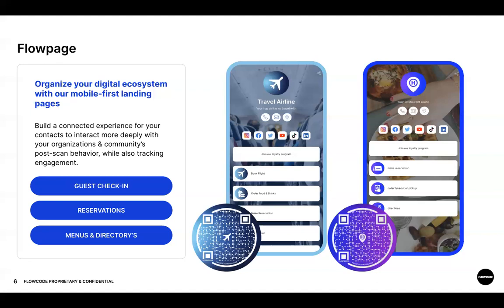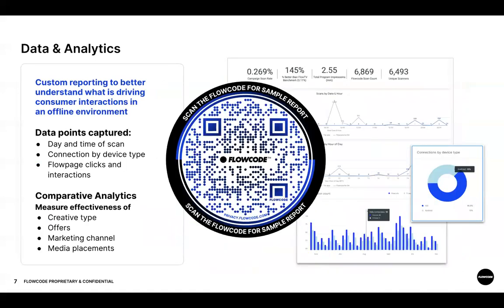really just giving you a better sense of how your audience is engaging with your content. But I'll walk you through, in the next slide, a little bit more about the data included across Flowcode and flow page. Awesome. All flow codes and flow pages are trackable through real-time analytics. This means that as soon as you get a scan or a click, that data will show up directly in your analytics dashboard.